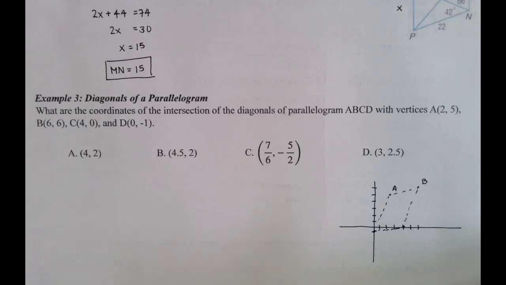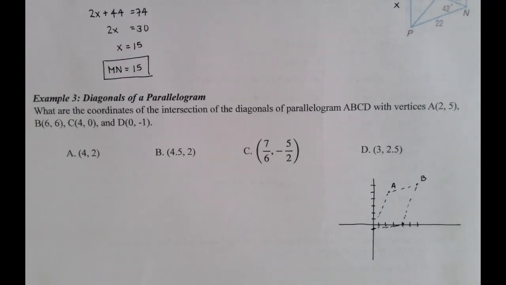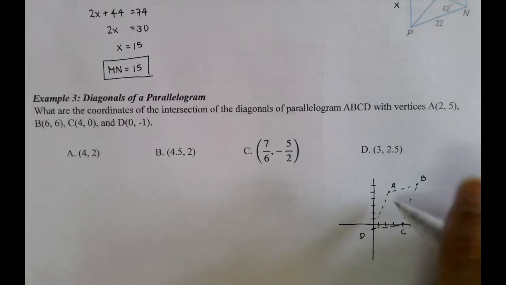Okay, so we want to know what the coordinates of the intersection of the diagonals are. And what we know about the diagonals is that they bisect each other. Right? So what I'm going to do is find the midpoint, because the intersection is the midpoint. I'm going to find either the middle of AC or the middle of BD, it doesn't matter.